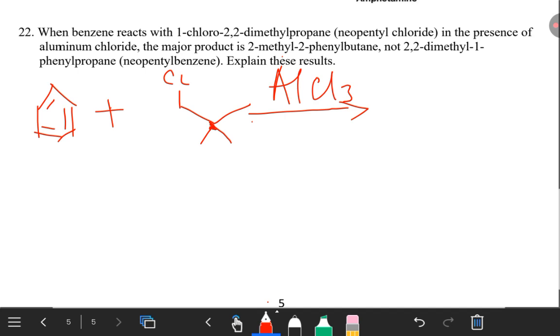Okay, so now let's see how we can do the reaction mechanism for this reaction. From these reactants, we know that this chlorine is a good leaving group, so it can actually leave. So we'll have the benzene being like this.